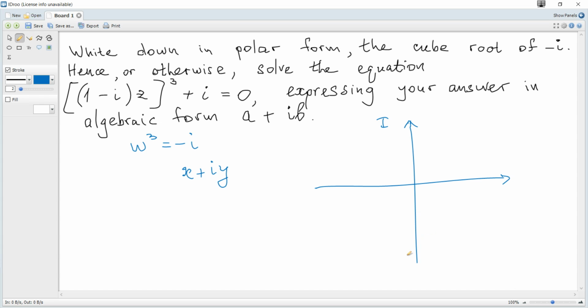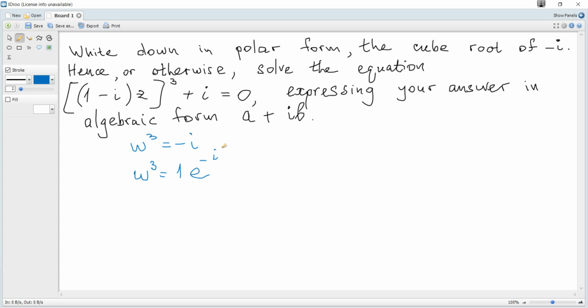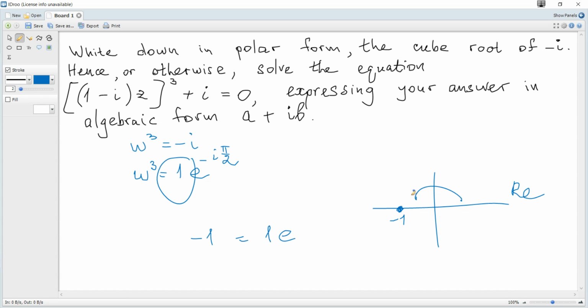So w cubed becomes 1 e to the power, let it be negative i pi over 2. Notice that this value cannot be negative. If you meet, for example, negative 1, it's on the real axis, and its modulus is 1, and argument is pi.